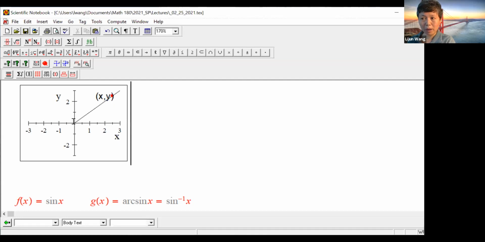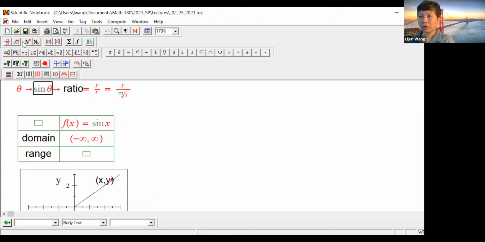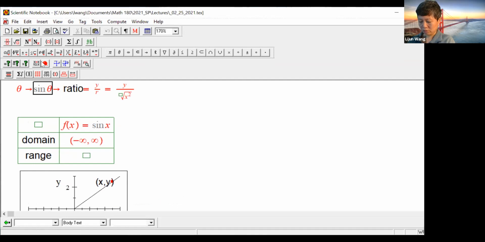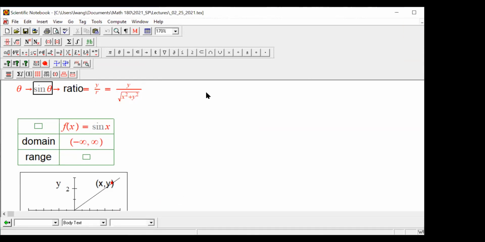And the hypotenuse is equal to the square root of x squared plus y squared. So this ratio will look like what? Y over, what is the value of r? The square root of x squared plus y squared. Right? So what can you tell?